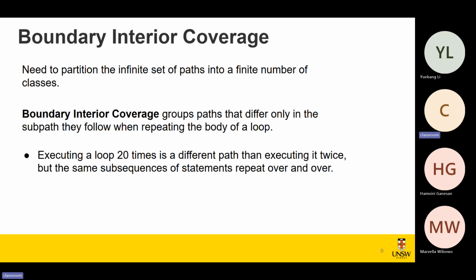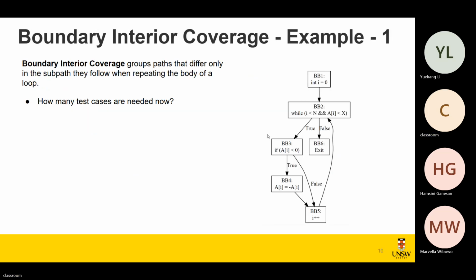So we only care about unique subpaths that could be executed inside a loop. Let's have a look at an example of how this works. Remember, we only care about the subpath of the body inside the loop.